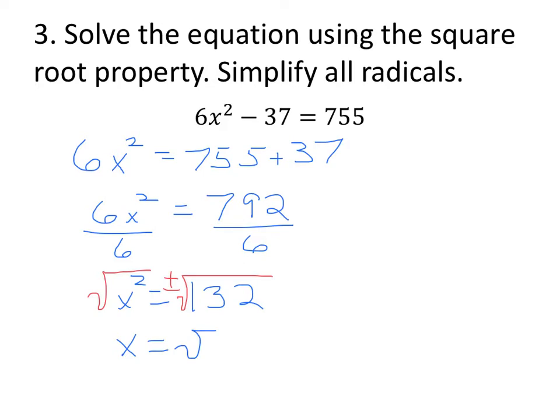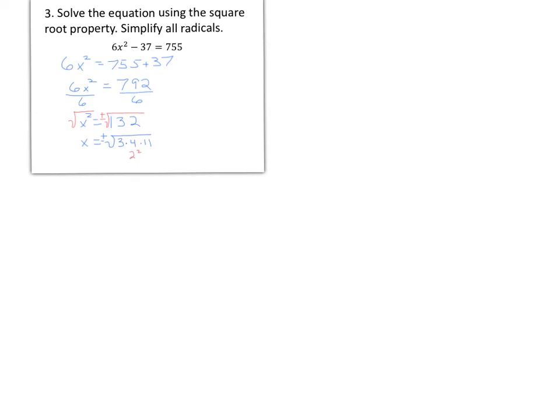We have plus or minus the square root of 3 times 4 times 11. Now 3 and 11 are prime numbers. We can't pull them out, but 4 is a perfect square, so we can pull that out. So we can rewrite this: x equals plus or minus 2 square root of 3 times 11, which is 33. And so that is our answer right there.